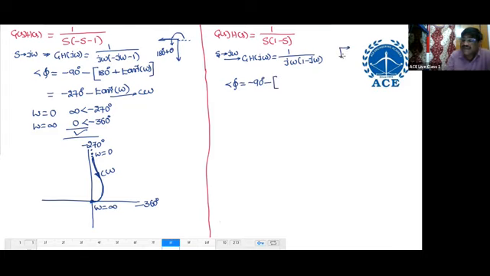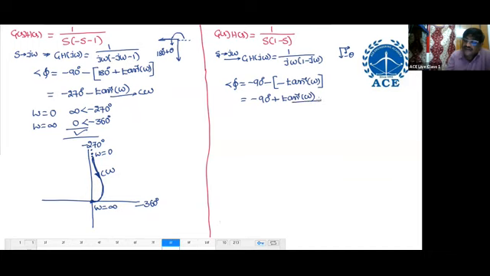Positive real, negative imaginary, so simply minus theta. Fourth region. Minus theta, minus of what? Tan inverse of omega. So that means minus 90 plus tan inverse omega.